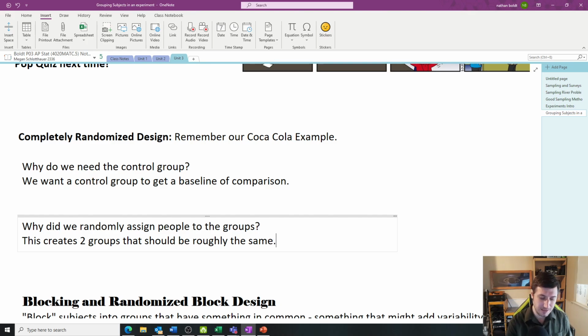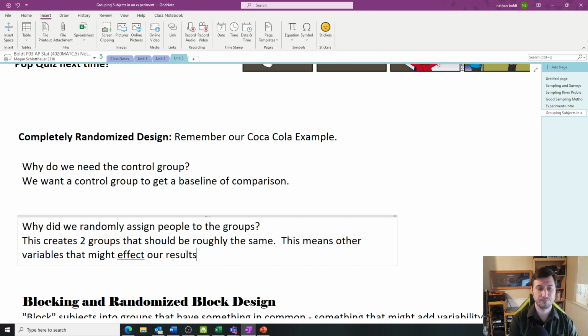Now, I'm not talking numbers, all right? It's easy to make a group of 10, a group of 10, or a group of 15, a group of 15. I'm not talking numbers. I am talking other variables. All right, this means other variables that might affect our results. Some of the things you came up with were anxiety, caffeine tolerance.